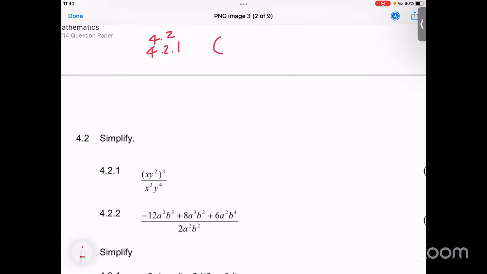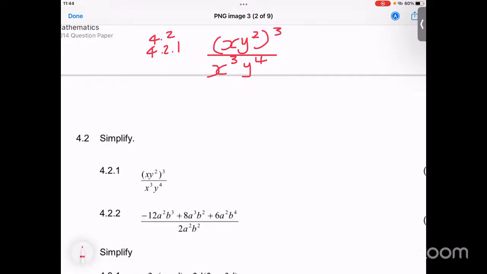That problem is inside the brackets, x y squared. You close that to the exponent of 3, and you divide it by x to the 3, and then you have y to the 4. This is exactly what you are having.